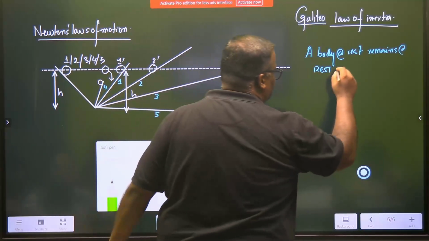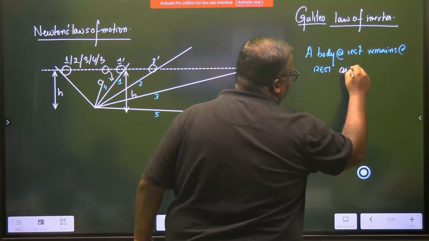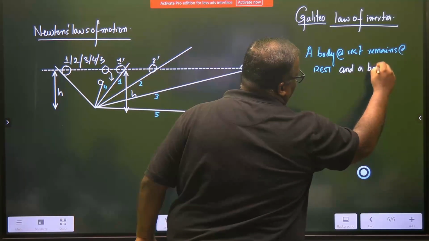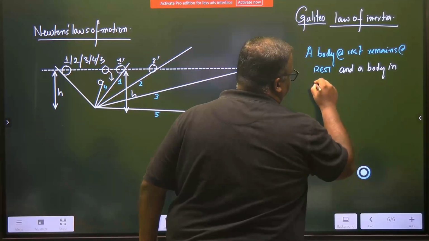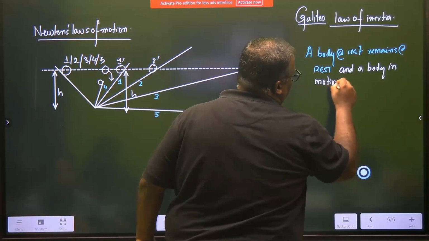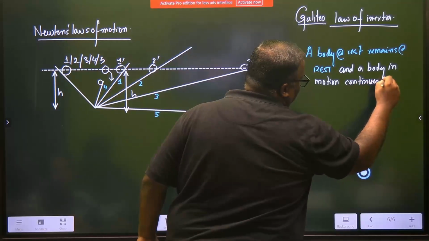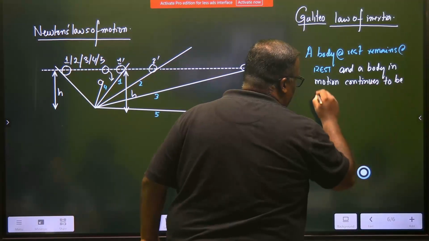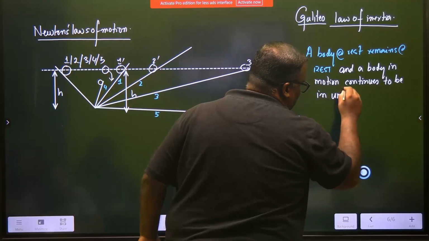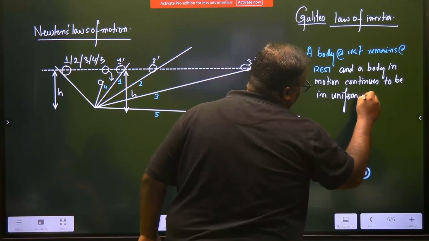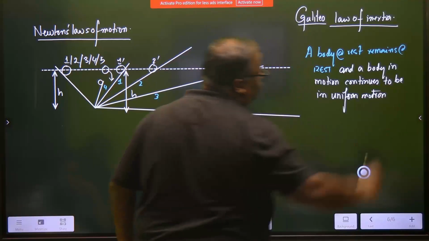The next part says, and a body in motion, every word has importance here, continues to be in uniform motion. A body in motion continues to be in uniform motion.